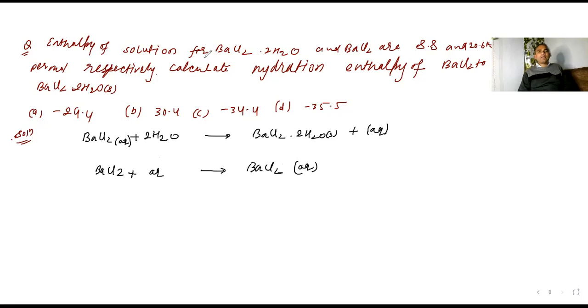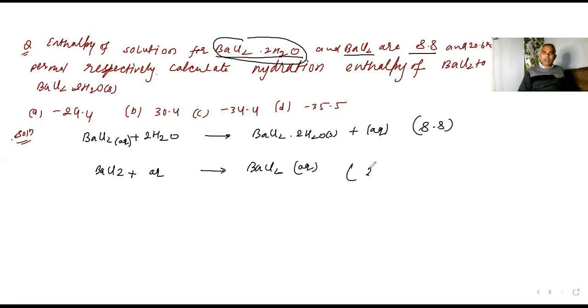See, the enthalpy of solution of barium chloride·2H2O and barium chloride: for barium chloride·2H2O they have given 8.8. Now they are talking about BaCl2. How much is there?